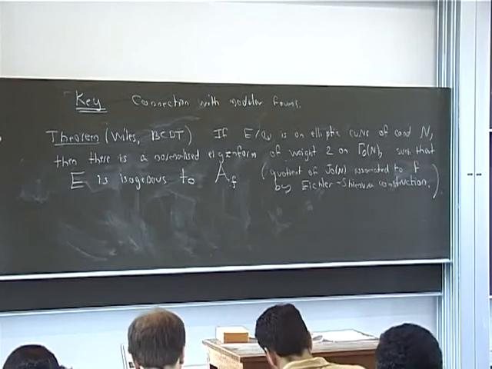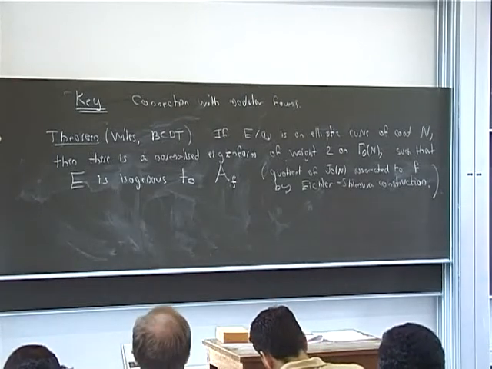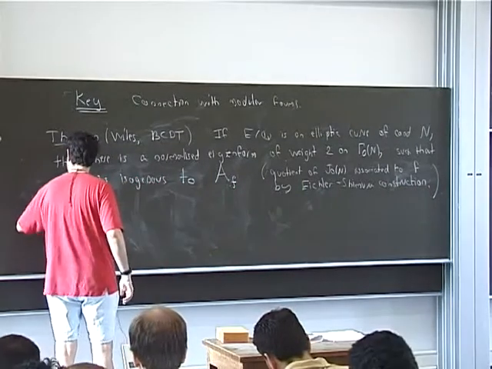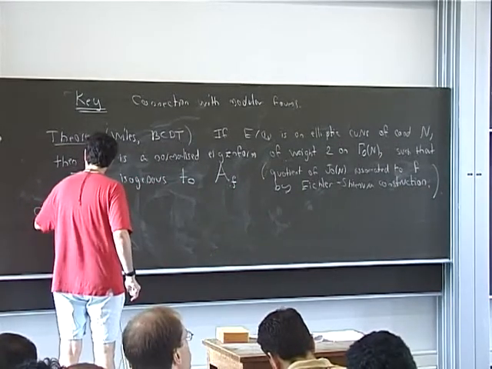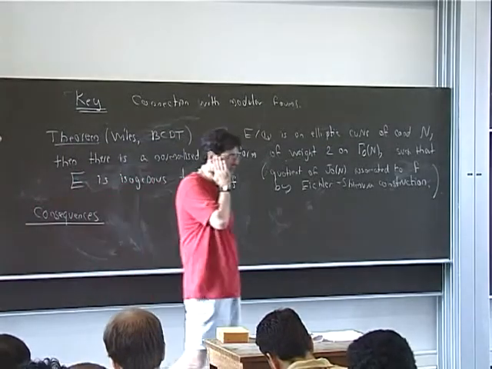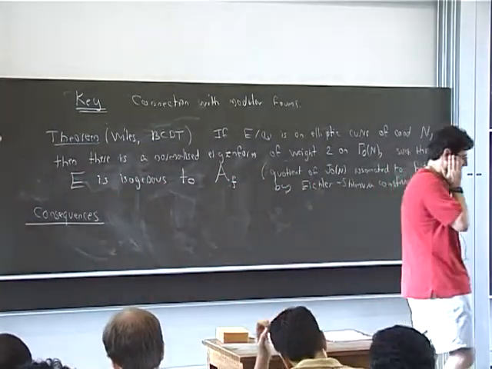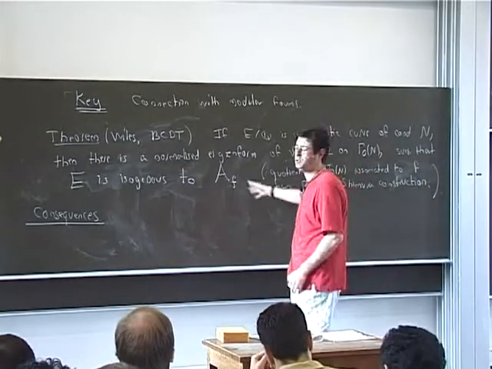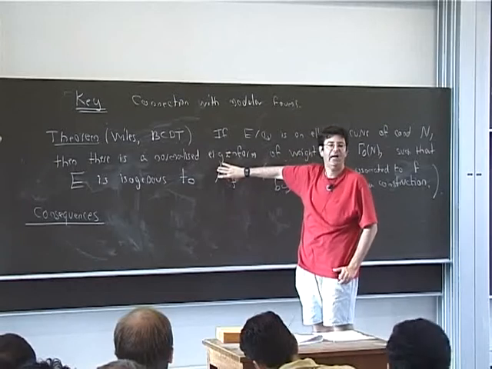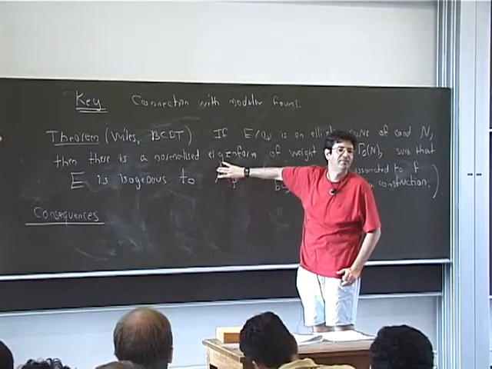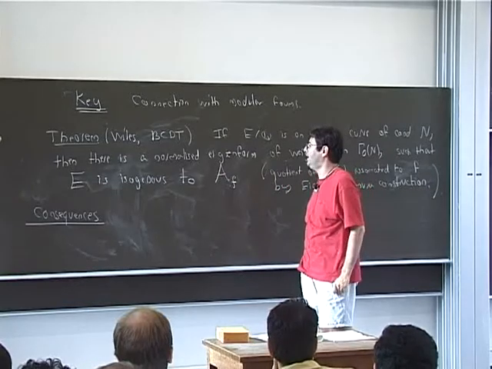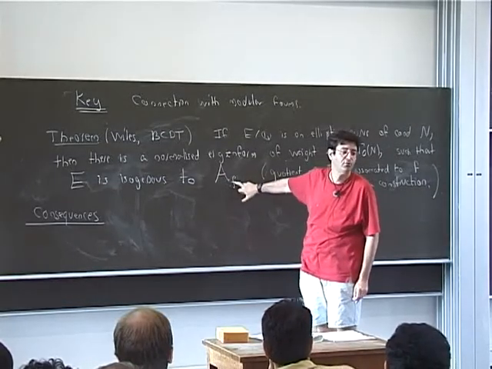Okay. So, consequences of that. Well, the first was one that we already saw, part of the Eichler-Shimura construction: when you look at the Hasse-Weil series of this abelian variety quotient, you get the Hecke L-series attached to the modular form, okay?